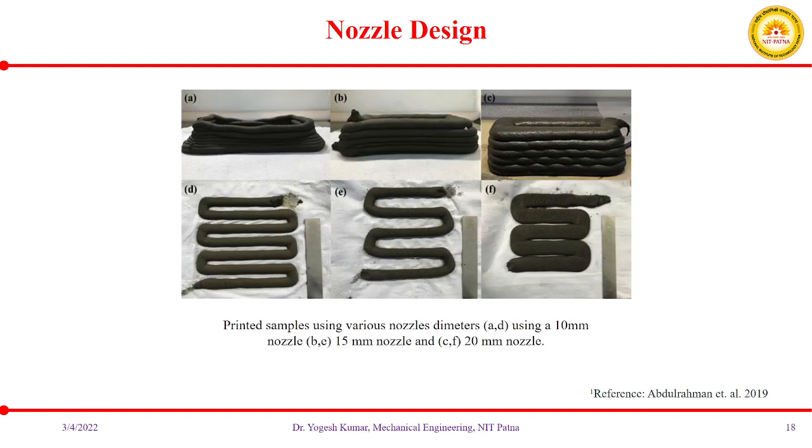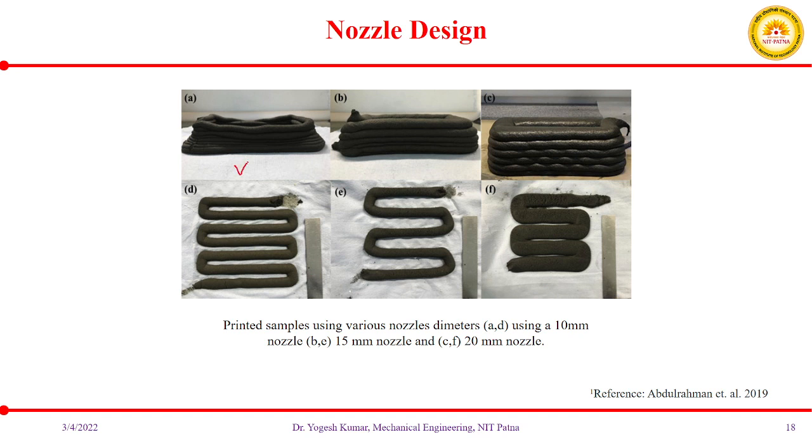Once you extrude the material, it comes in the form of rods. So how is this material printed on the build platform or on the previously printed layer? You can see here a few samples.